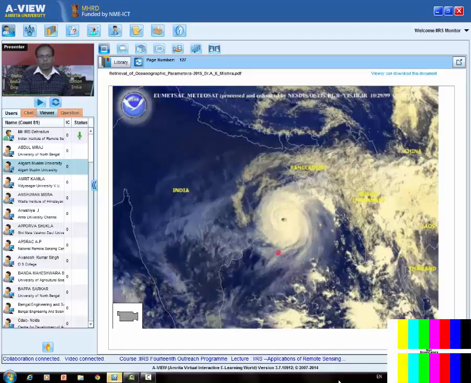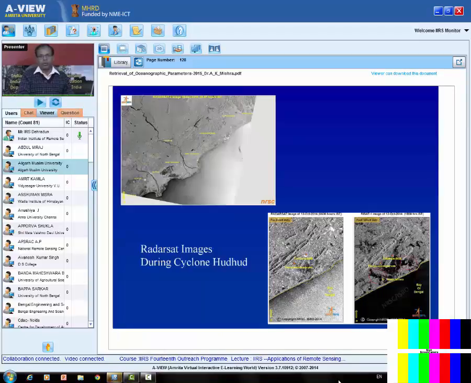And now some of the applications I am going towards with the atmosphere. This is the satellite data which provides information about cyclones, and radar images provide the same information about cyclones. This is the RadarSat-2 data and the RISAT-1 data, just before the landfall and after the landfall, showing how the water has inundated the coastal area.